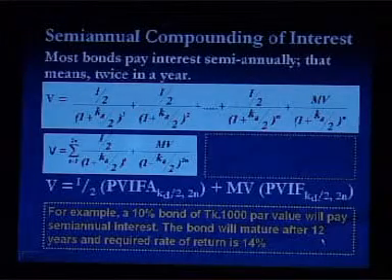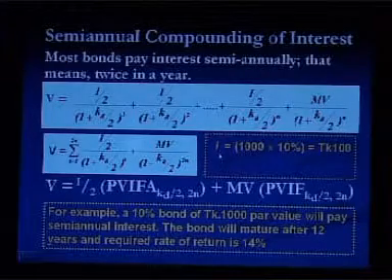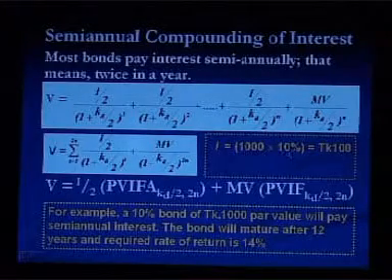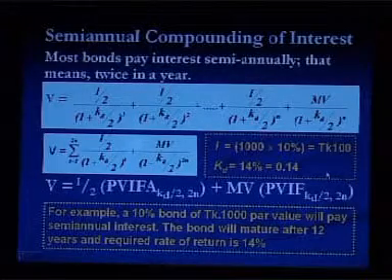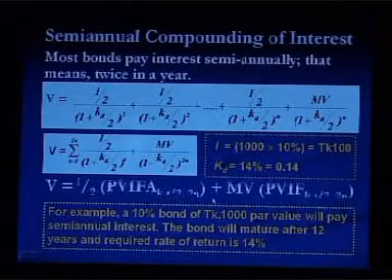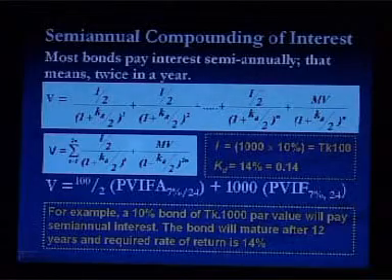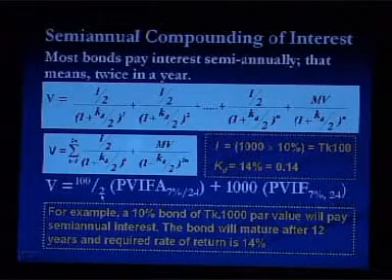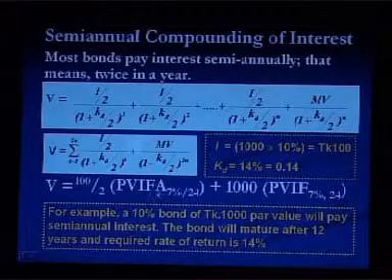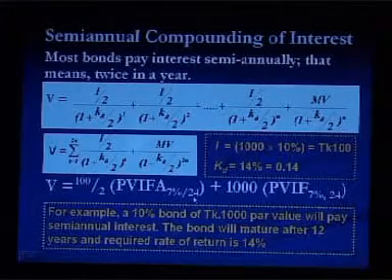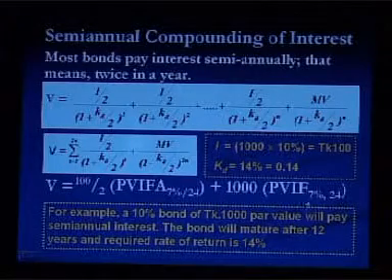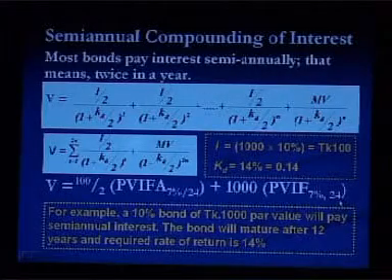Just you can see here, I or coupon is equal to 10% of taka 1000, that is taka 100, and KD is equal to 14% or 0.14. In the formula we can see the coupon 100 divided by 2 and the present value interest factor of annuity for 7%, that means half of 14%, and 2n means 24 periods. Here also 7% and 24 periods.